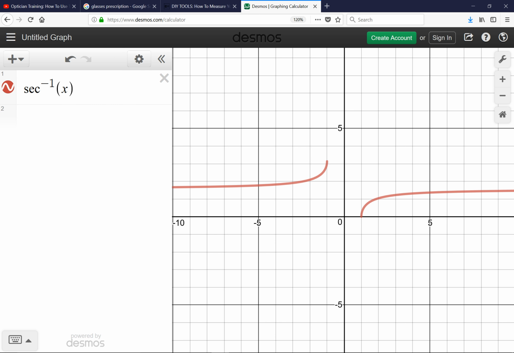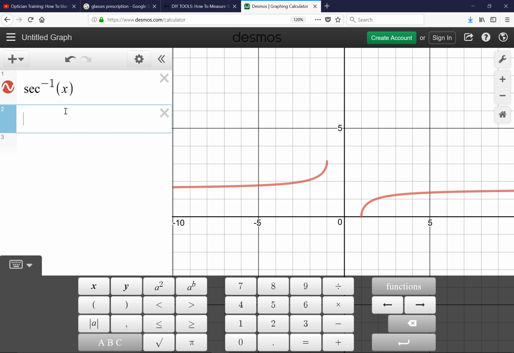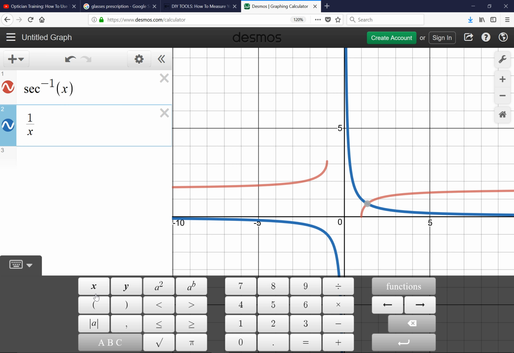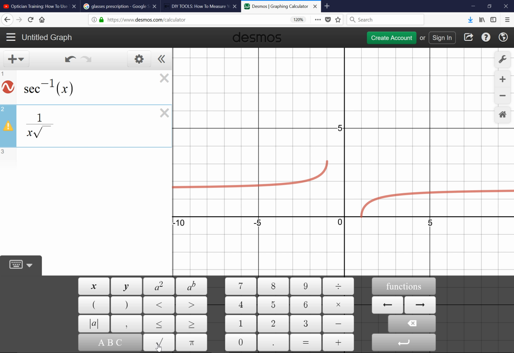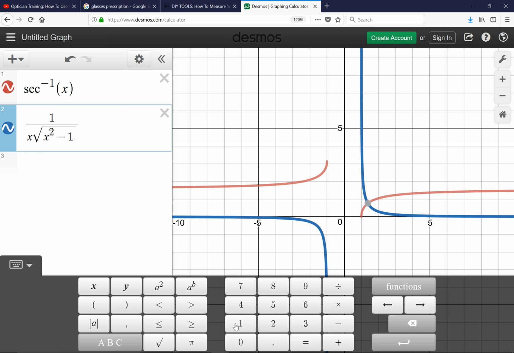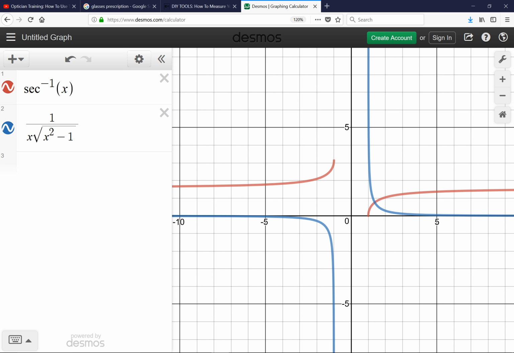Meaning that no matter where I am, the function is always increasing. Now let's put in our supposed derivative, right? So our supposed derivative is this times the square root of this squared minus 1. Uh-oh. Look what happened. Over here in the positive side of things we've got a positive slope, but on the negative side we get a negative slope.